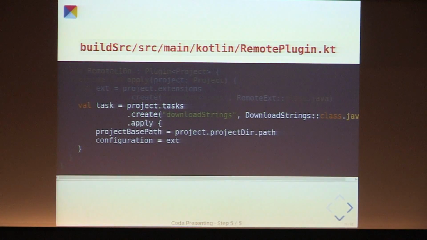And on it, I'm going to apply a bunch of things. First thing is that I'm going to set the project base path to the path of my current project directory. And I'm also going to add a property that is going to be my configuration. So basically, whenever the task runs, it can look at what was the configuration inside your Gradle file.